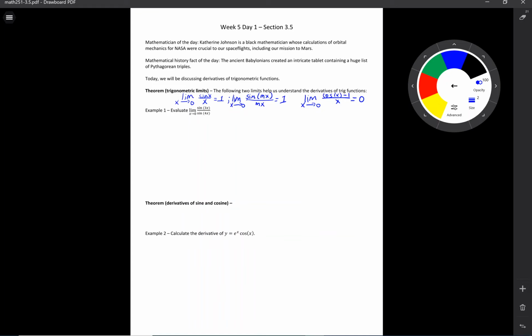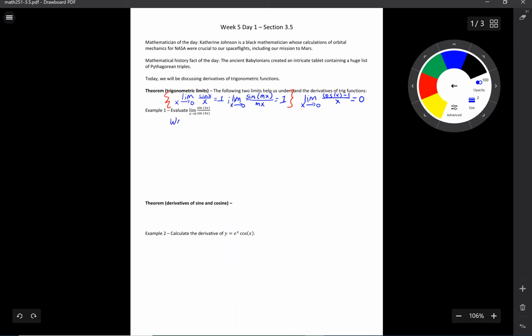So in our first example, we want to evaluate the limit as x goes to 0 of sine of 3x over sine of 4x. So I'm going to be using one of these two rules here. My first step is I want to divide the numerator and the denominator by x in order to make it look more like one of these rules that I just wrote down.